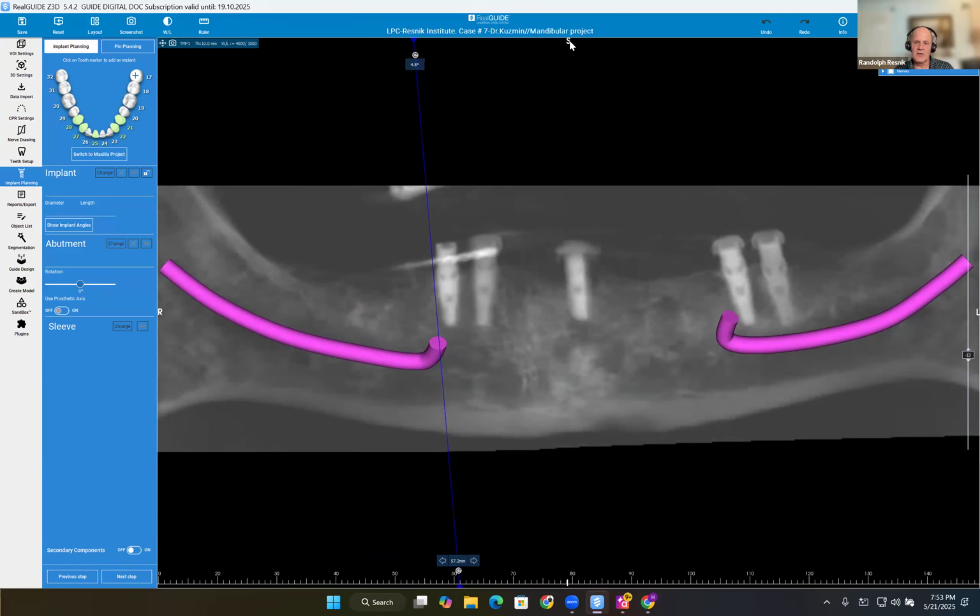So here's what I would do, Frank, on this case. You do not want to be taking those implants out. That would get very dangerous. You could end up with a mandibular fracture. What I would do is take the abutments off, and I would just sleep these implants, meaning just fill the internal configuration with composite, and then you just polish it down and leave them in there.